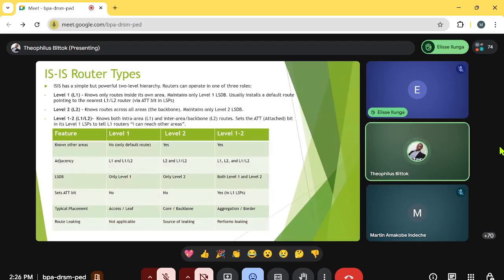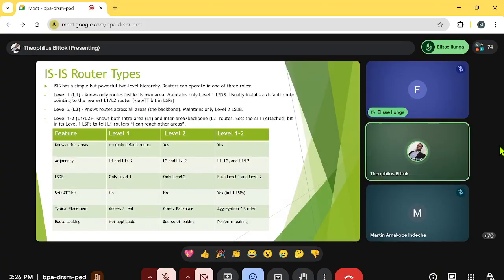The level 1-2 router is always going to send a default route to the routers in level 1, because if you remember, a level 1 router in area 10 is going to know only routes in area 10. It doesn't know how to get routes to other areas.